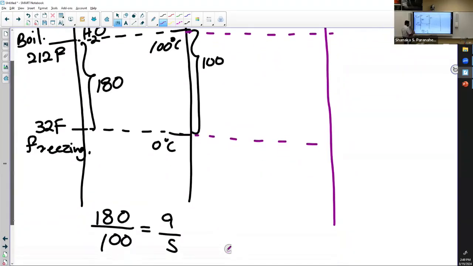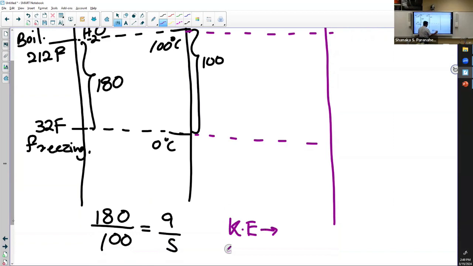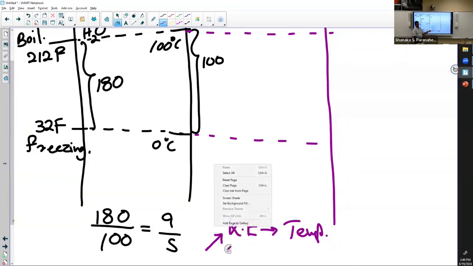Like 30 minutes ago, I explained how temperature is related to energy. Kinetic energy is proportional to the temperature. Every matter is made of tiny particles, and all these particles have vibrations or fast motions, which means there's a certain form of kinetic energy. The only thing we can have is those particles at rest, which means no motion, no kinetic energy.